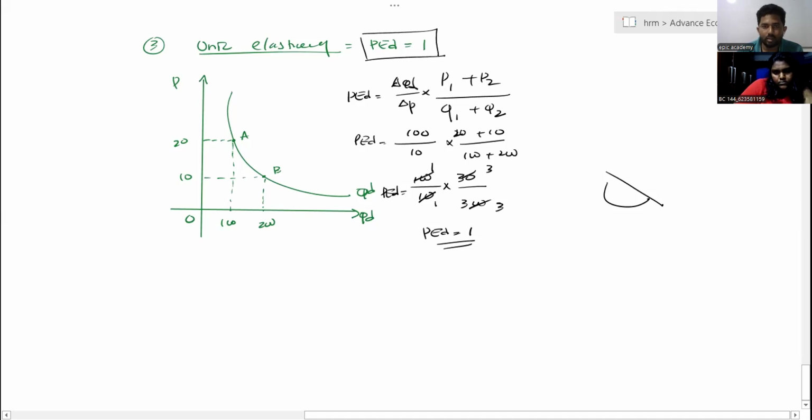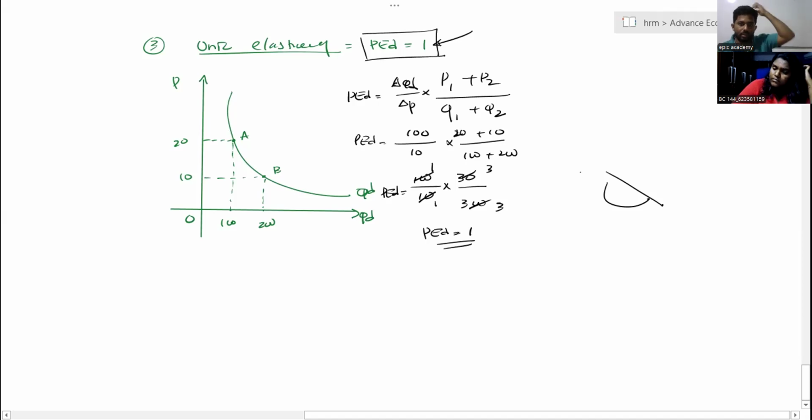Elasticity equal to 1 always represents a similar response. If price changes 20%, quantity also must change 20%. If price changes 50%, quantity also responds 50%. Similar changes, that is why it becomes 1.